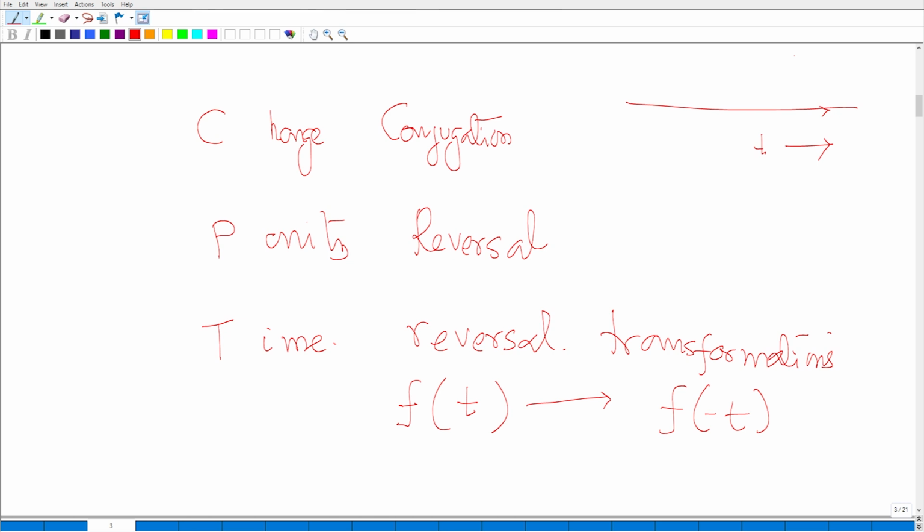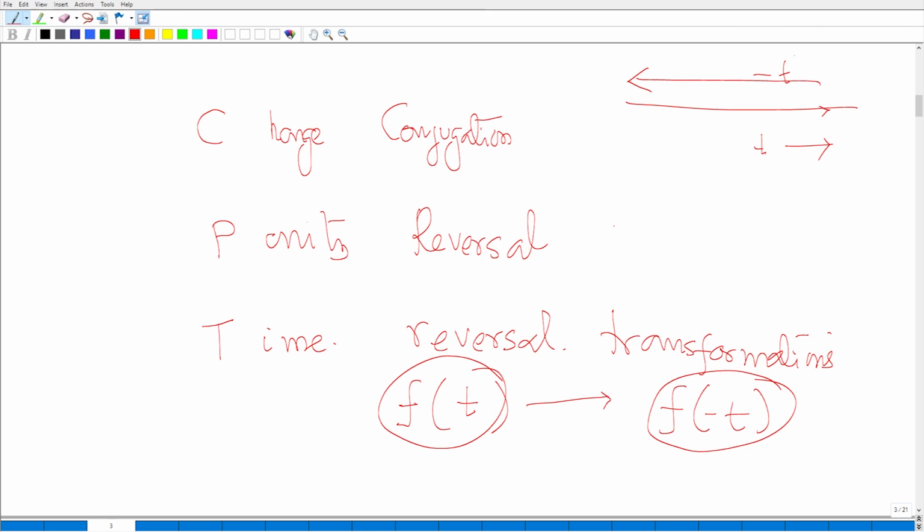Now, if I define that my t should actually increase towards left, that means I have taken t to be equal to minus t, and if my function f of t and f of minus t do not change from each other under this transformation, then I would say that this function f is time reversal invariant.